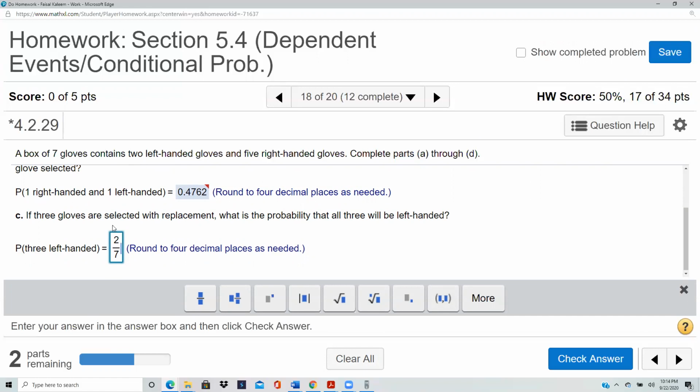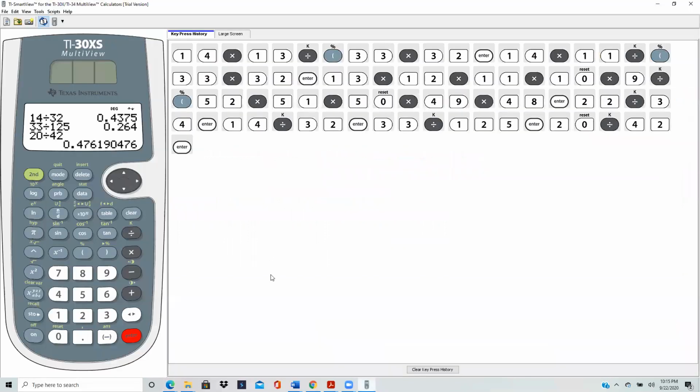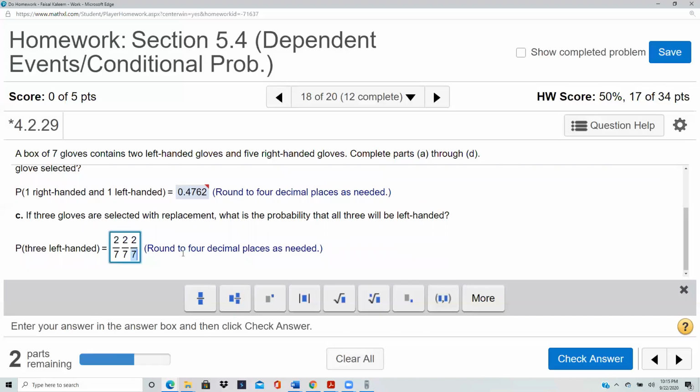But with replacement, every time it's 2 out of 7, because you're putting it back. So 2 out of 7 cubed is 8 over 343, which is 0.0233.